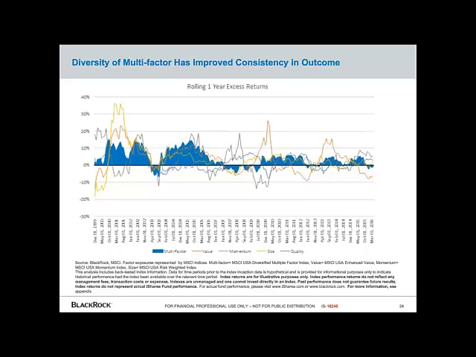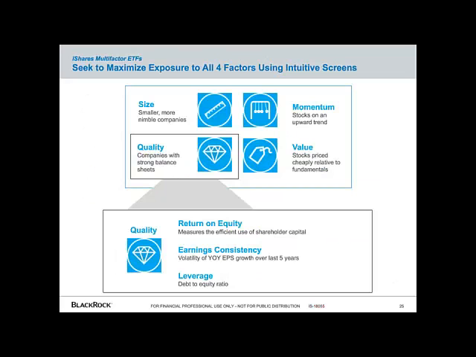And this can help you help your clients stick with that investment decision longer. So really, the idea behind a multi-factor approach is to take the simple and intuitive screens that I mentioned at the beginning to identify stocks which are underpriced, higher quality, trending, or smaller in size, and combine those screens together to select securities within the portfolio.